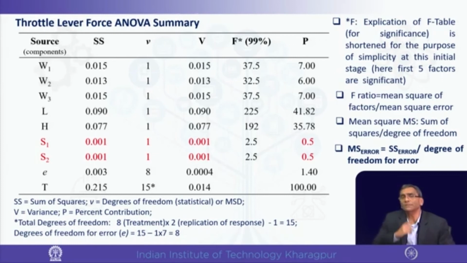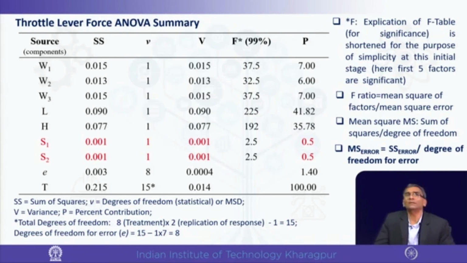Sum of squares etc., you have already got that. Now, degrees of freedom: since these are 8 experiments and 2 replications, that means total 16, and we know the total degrees of freedom would be 16 minus 1, that is 15, which is at the bottom.